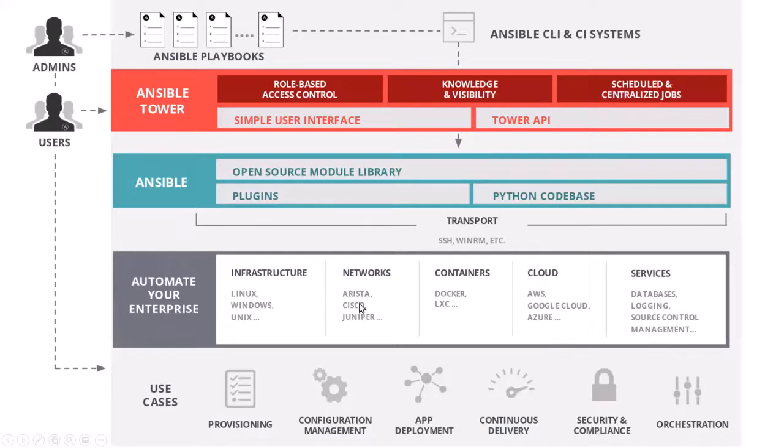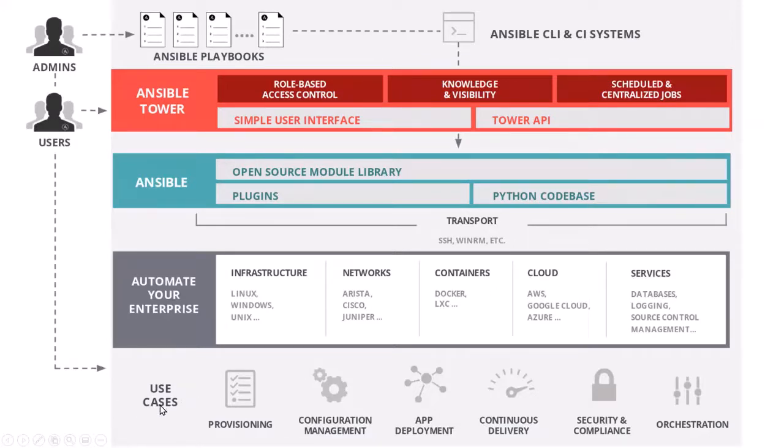Network, you can use any of the private networks. Containers: Docker, LXC, maybe Rancher also comes into this list. Cloud: AWS, Google, Azure, all clouds are supporting Ansible. And you can run any services. And Ansible Tower is going to maintain a Postgres database, so the data related to Ansible will be stored in the Postgres DB.